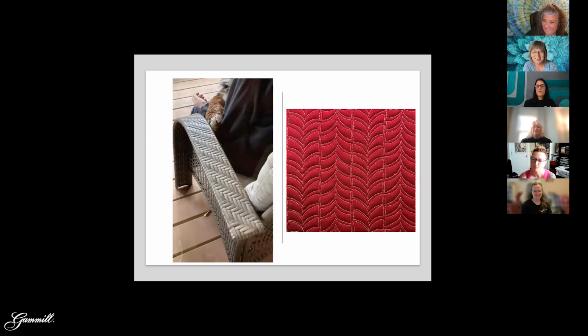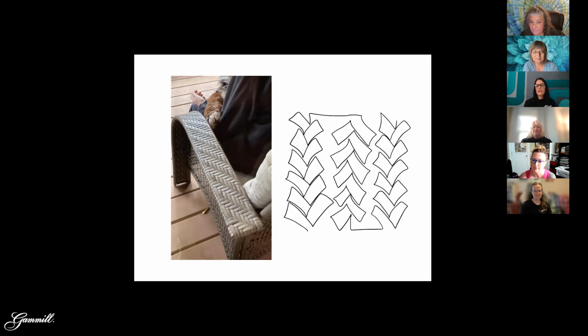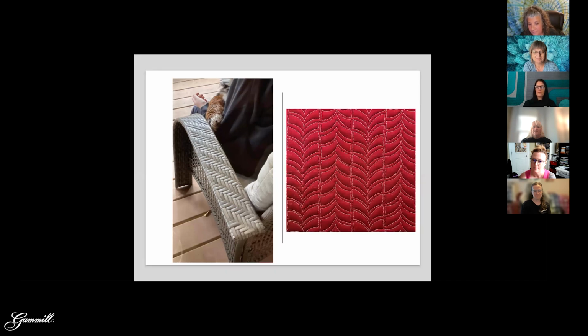Well, this one's a good example of how it didn't look like that drawn. And then once you see it stitched and the texture, it kind of reminds me of tractor tire tracks. If somebody's trying to think of how to put tire tracks on a quilt, that'll do it.